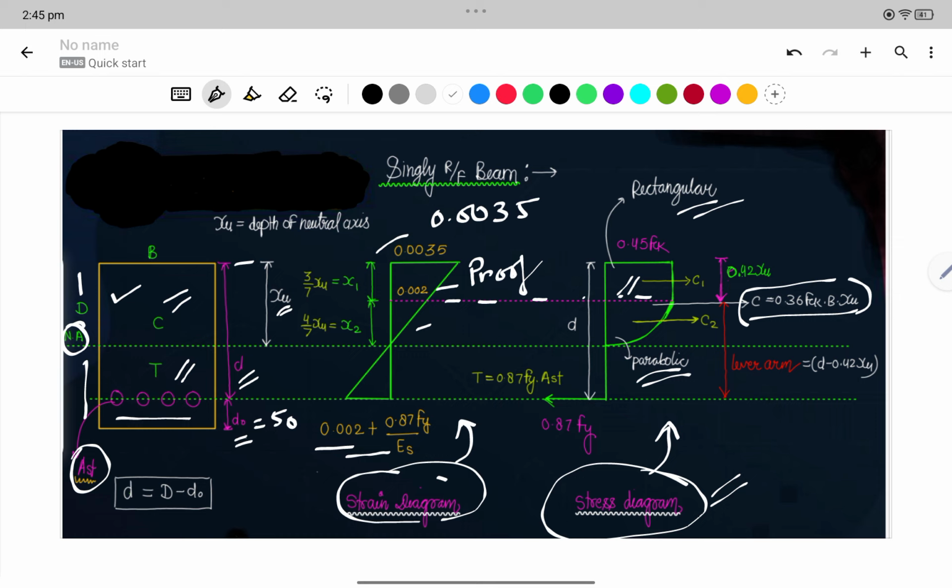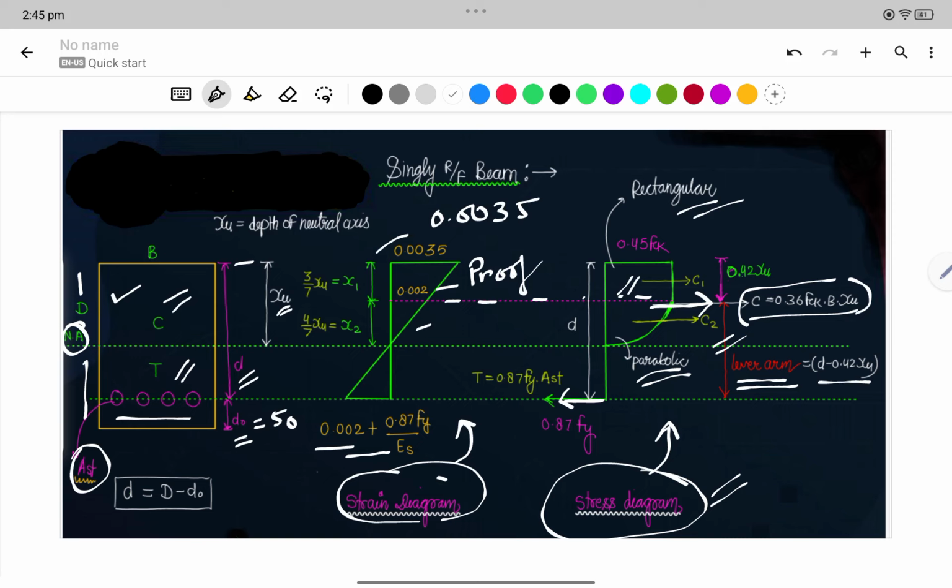And the lever arm, what is the lever arm? This is the lever arm. Lever arm is the distance between the compressive force acting and the tensile force acting. See, the distance between these two, represented by the red color, is d minus 0.42 xu.